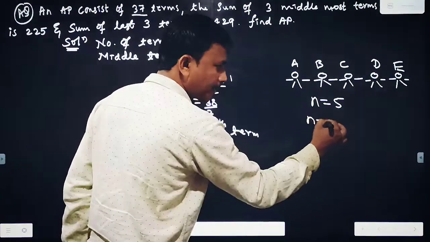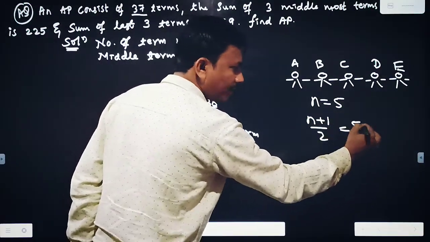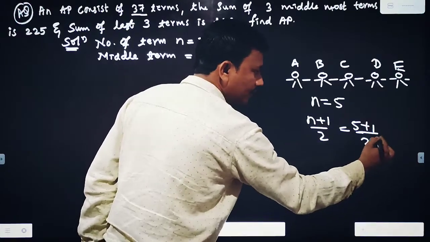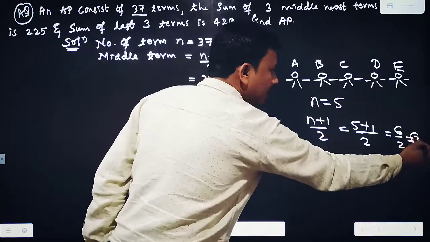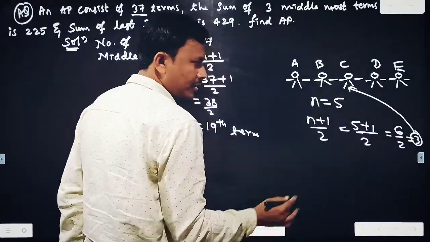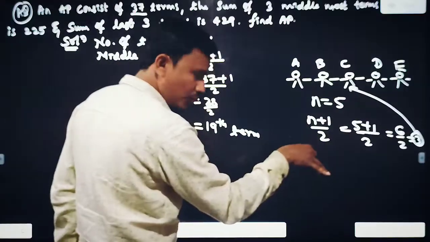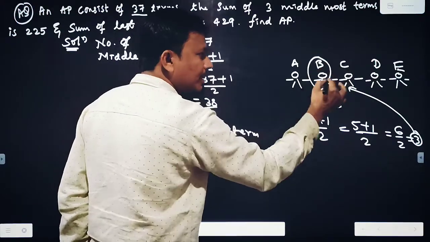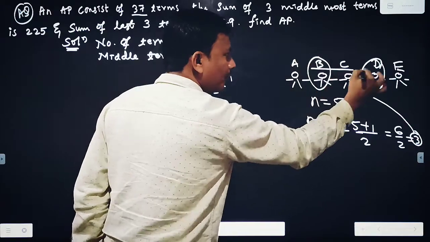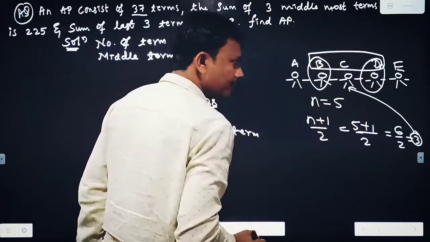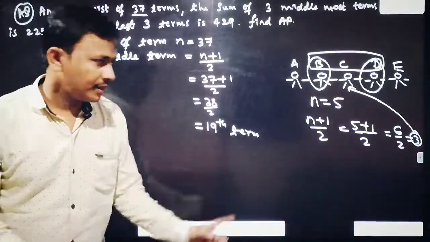Middle term is (n plus 1) divided by 2, that is 5 plus 1 divided by 2, equal to 6 divided by 2, which is the third. Who is the third? C. 3 minus 1 is 2, that is B. 3 plus 1 is 4, that is D. Therefore the middlemost three terms are B, C, D.